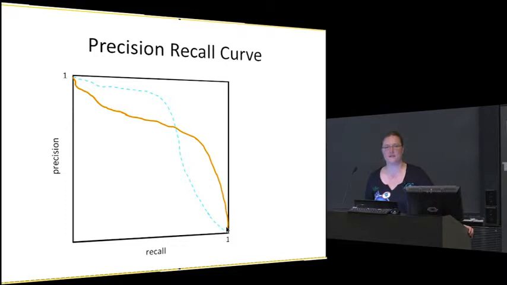Not how many, but what is the rate? What is the probability of a face in the data set that I actually find it? And then precision is, when I say something is a face, what is the probability that it indeed is a face? And I think you can really see the trade-off here.